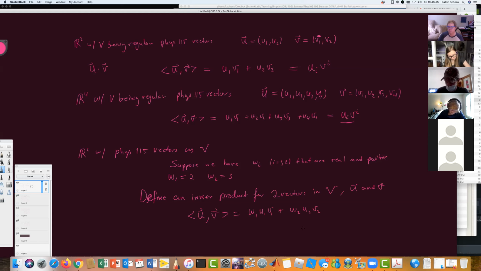Okay? And in fact, that is a perfectly good inner product. When you take the two x components and multiply them together, you have to multiply by 2 because that's what W1 is. Then you take the two y components, you have to multiply by 3.